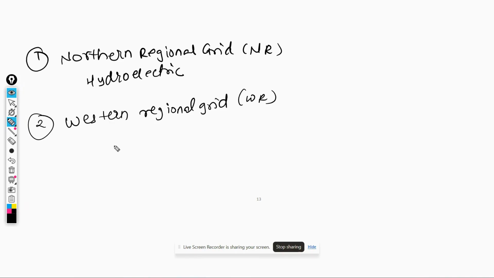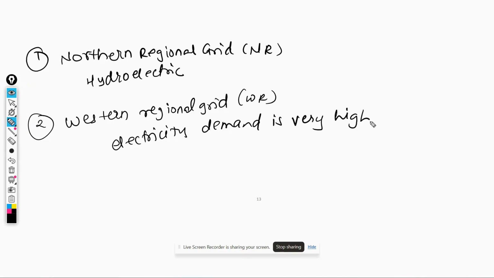Therefore, the electricity demand of this region is very high. Important generating stations here are the Korba Thermal Power Station, then Ukai Thermal Power Station, Tarapur Atomic Power Station, and Chandrapur Thermal Power Station.